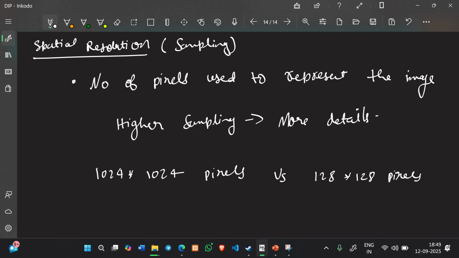So let's move further, to gray level resolution, which is your quantization.